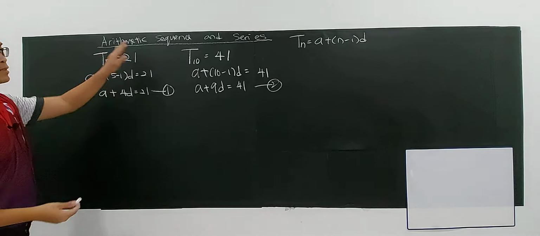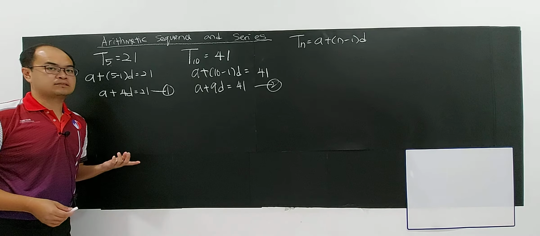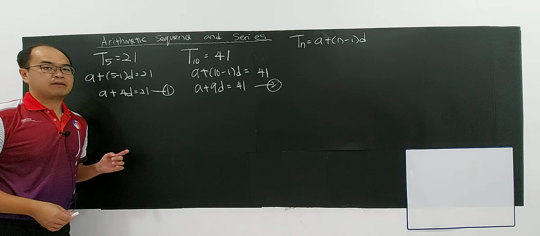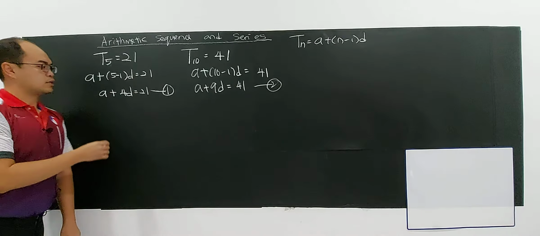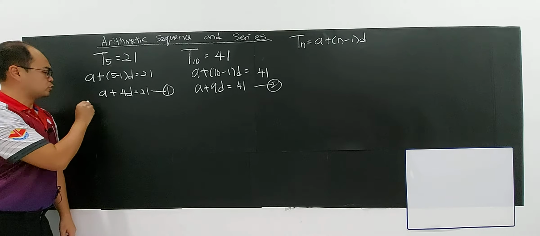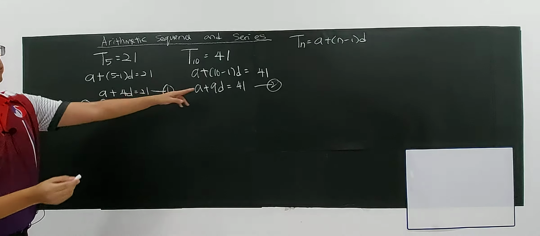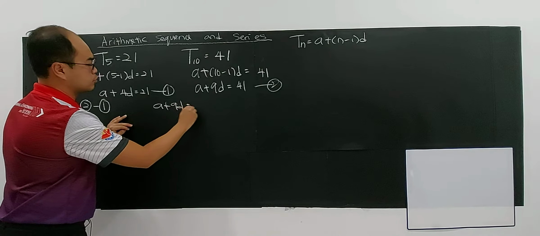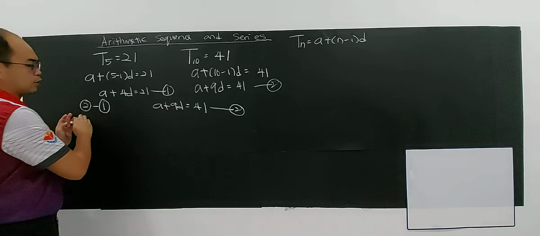For arithmetic sequences, we always use the concept of solving simultaneous equations with addition and subtraction, but for geometric sequences, we always use division. For this case, I take equation 2 subtract equation 1; you can also take 1 minus 2, it's the same.